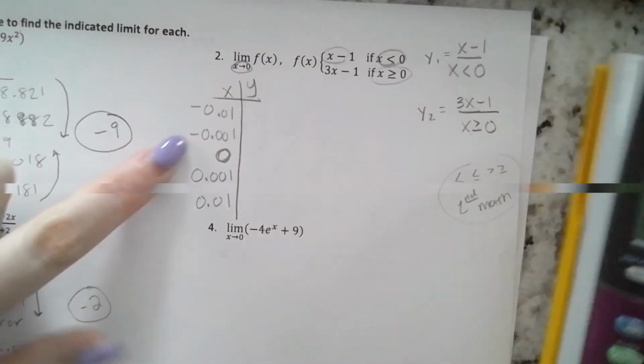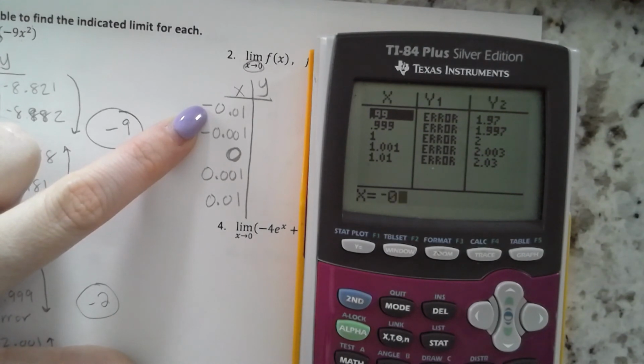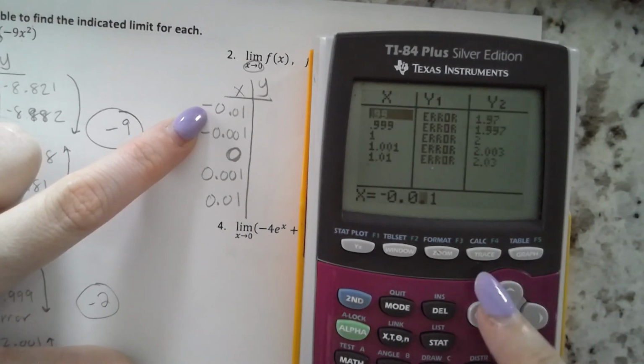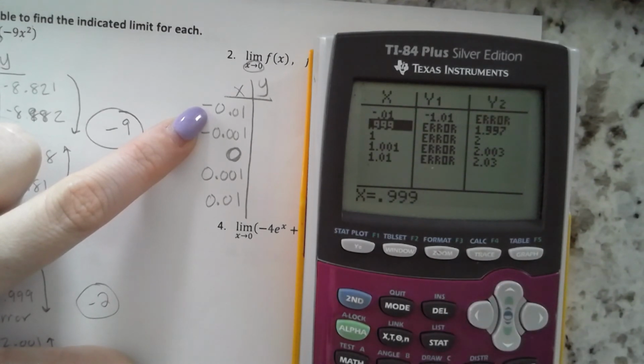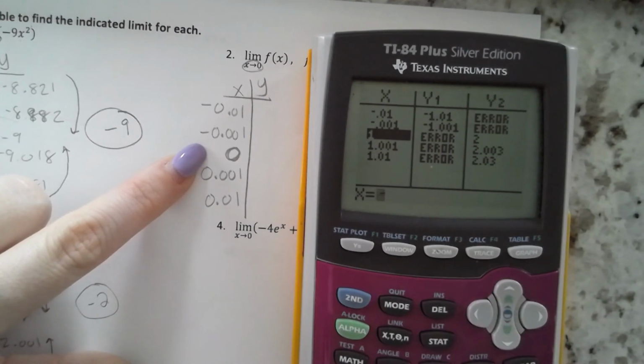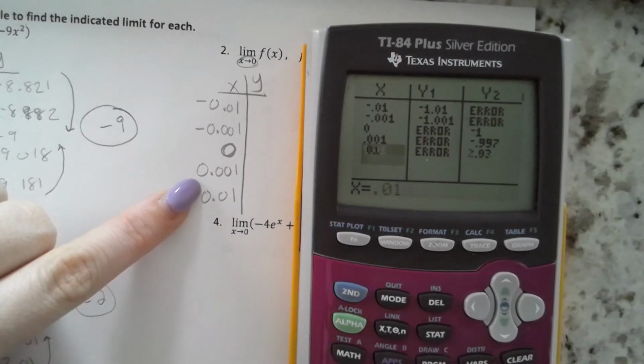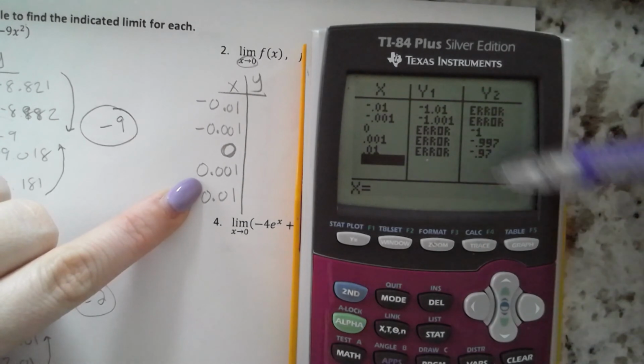Well, let's plug in our numbers. Negative 0.01, oops, put too many decimal places in there. Negative 0.001, 0, 0.001, 0.01. And it even tells us errors here.